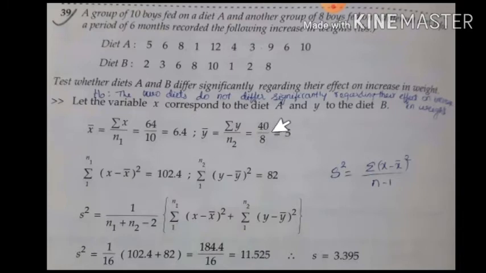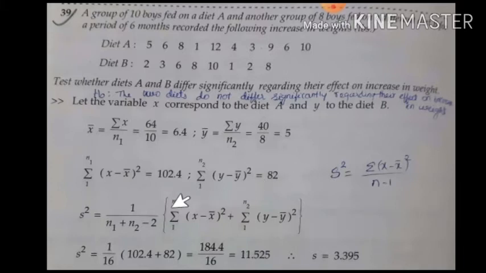Next we need to calculate the variance. What is S square? If only a single data set is given, we take summation X minus X bar whole square by N minus 1. But here two data sets are there, so we add up the variance of the two.